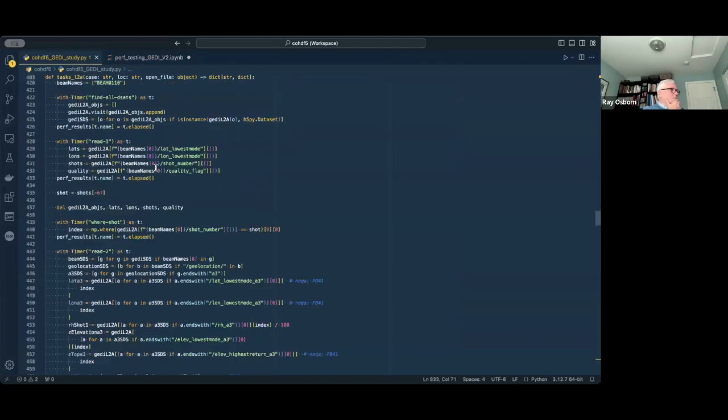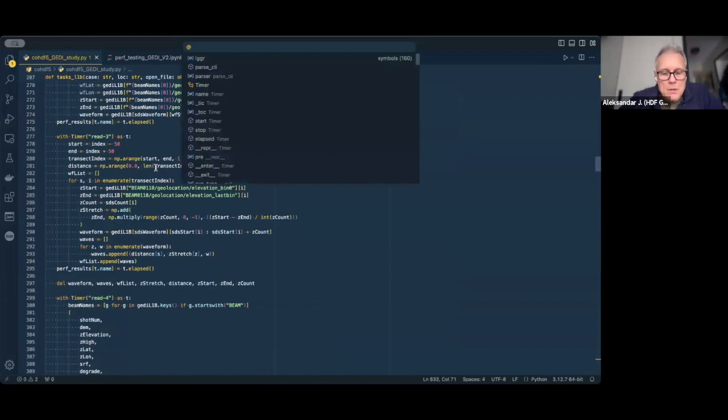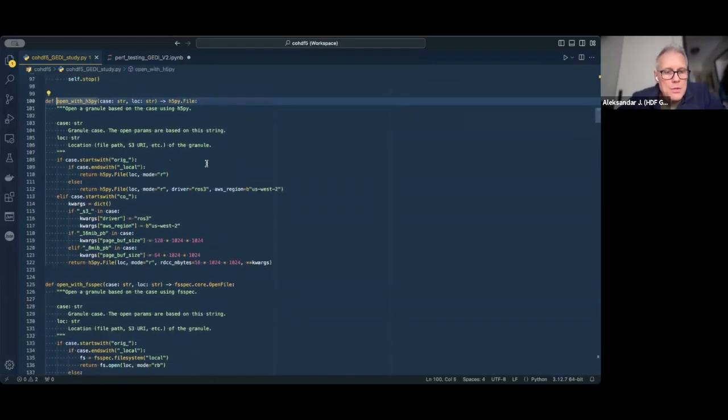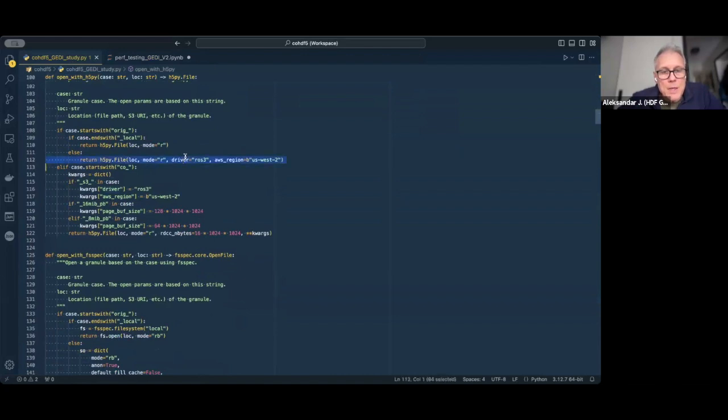I happen to have this here. Let me see. There we go. You see here how I'm saying open with driver ROS3, and everything else. Then I have other parameters that I'm using. That's all readily available in h5py.